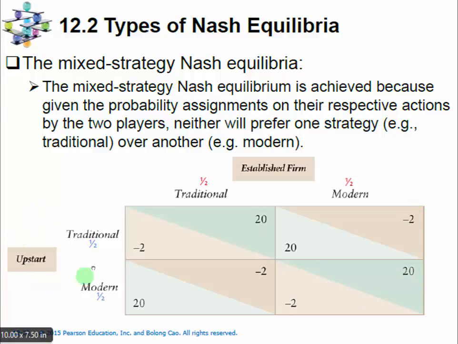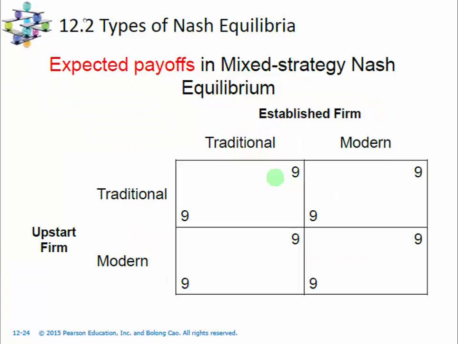So when the upstart plays this mixed strategy, the established firm faces two different strategies that give the same expected payoff. This makes the established firm feel indifferent between the two strategies. So if we put the expected payoffs into the payoff matrix, all these two players can see is that no matter what they do, they face the same expected payoff.